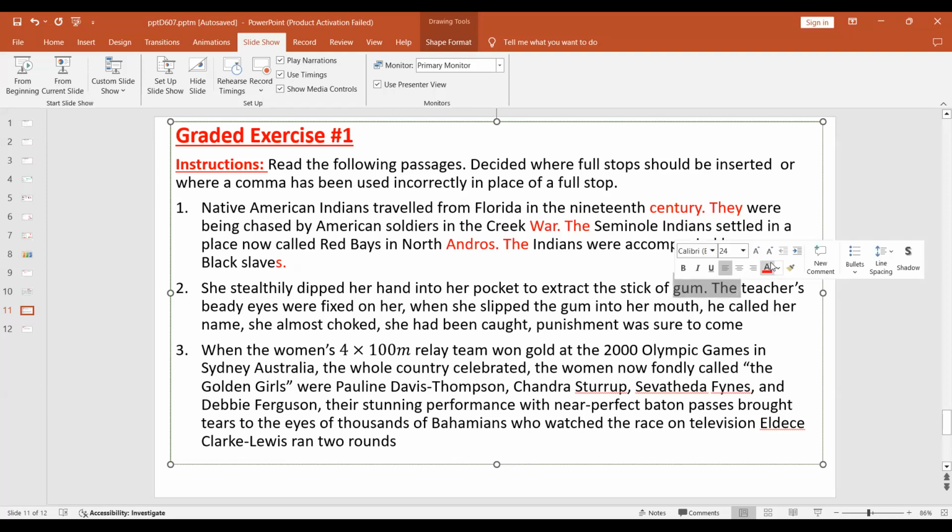How many persons did that? I put a period there and capitalized. I did. Very good. The teacher's beady eyes were fixed on her when she slipped the gum into her mouth. What I did there was leave the second comma alone and then go to the end where "mouth" is and put a period. Okay.